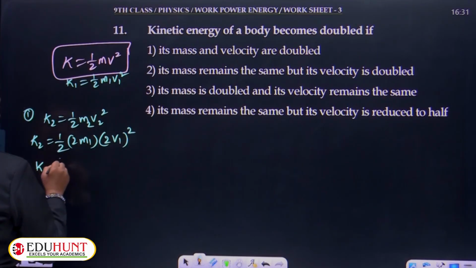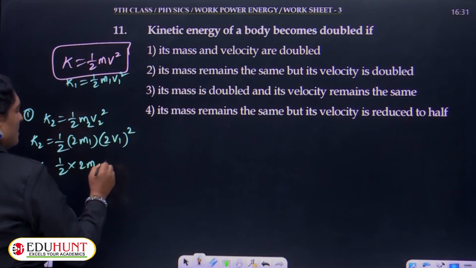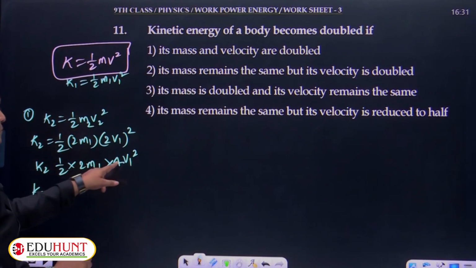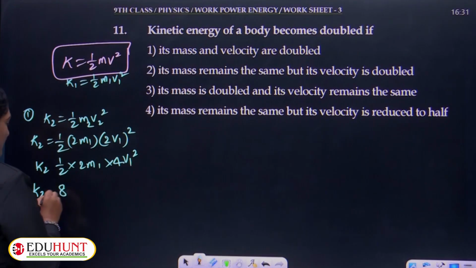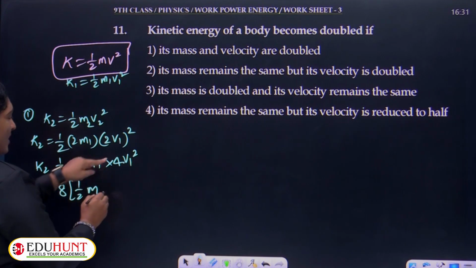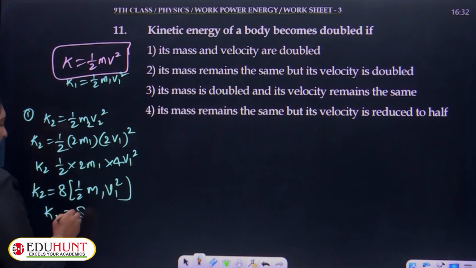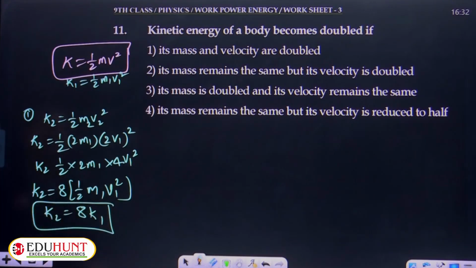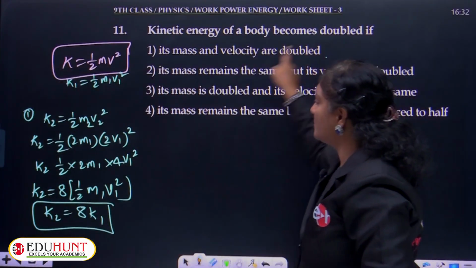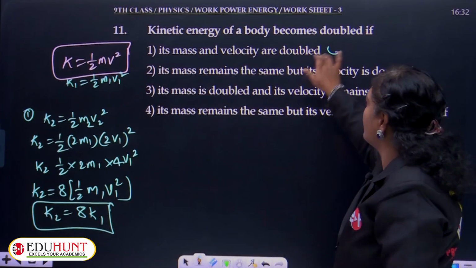So K2 is equal to half of 2m1 into 2 square, that is 4v1 square. Bringing 4 into 2, we are getting 8. So 8 times half, leftover is m1 and v1 square. Here the kinetic energy is 8 times the old kinetic energy. In the first case, when the mass and velocity are doubled, we observe that the new kinetic energy is 8 times the old kinetic energy.